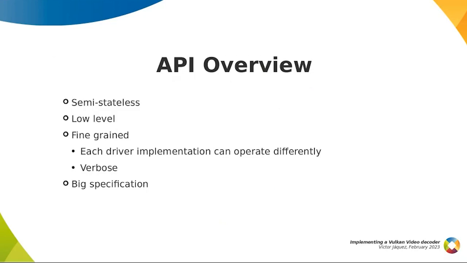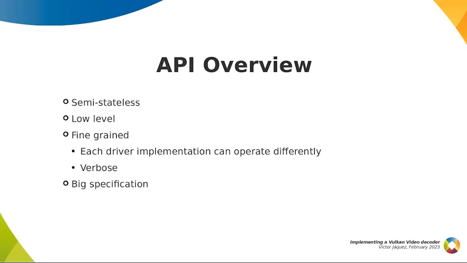Regarding the Vulkan Video API, I could say, in my opinion, it's a semi-stateless video processing API. Back in the day, video processing was stateful. That is, it was a black box. You push a bitstream in, and you receive raw frames. But in the end it wasn't a good idea, because it can be risky in terms of hardware, and it's costly in terms of, for example, kernel operations.